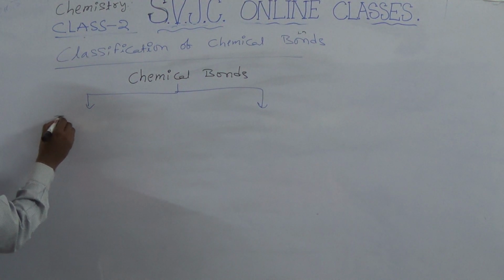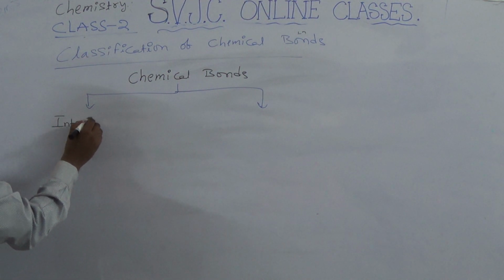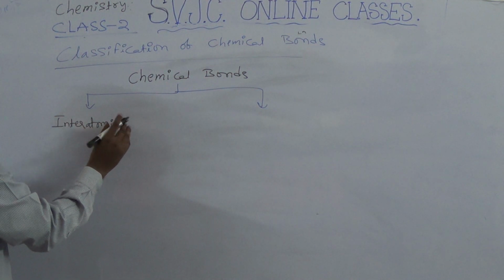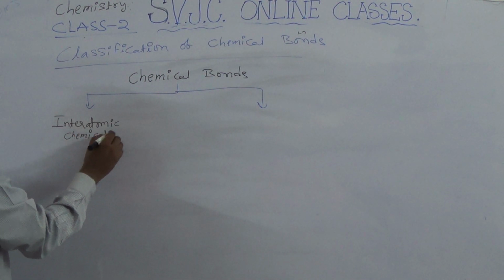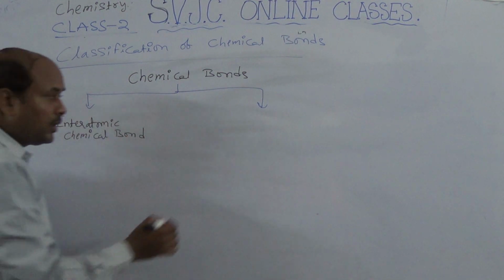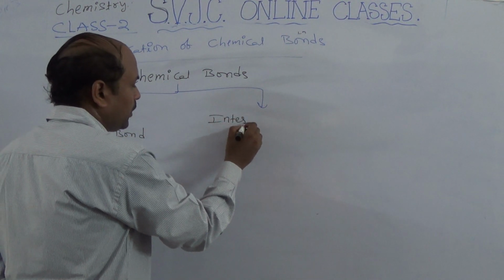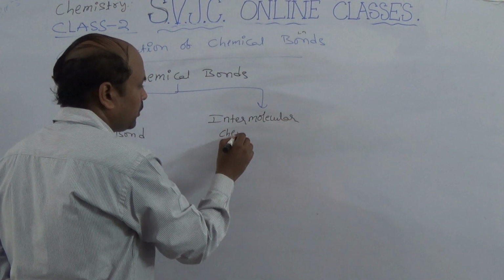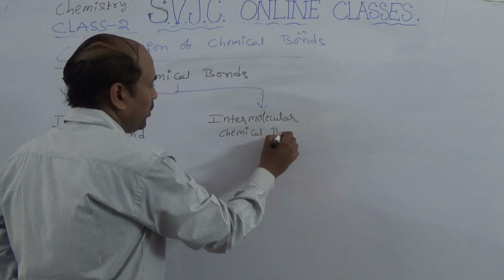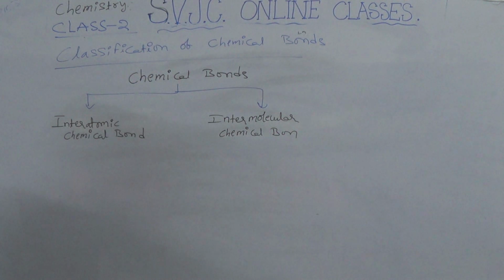One is the interatomic chemical bond, another is the intermolecular chemical bond. What is meant by an interatomic chemical bond? The chemical bond formed between two atoms is called an interatomic chemical bond.